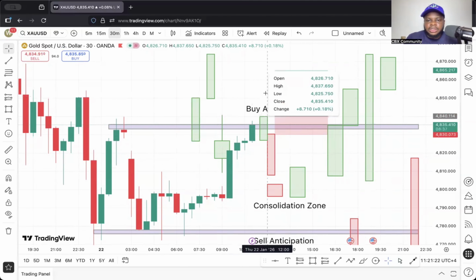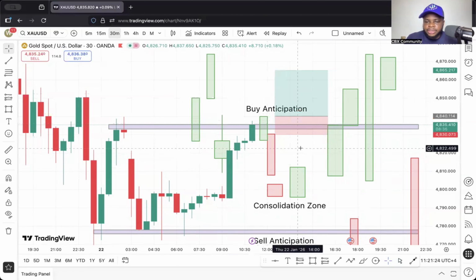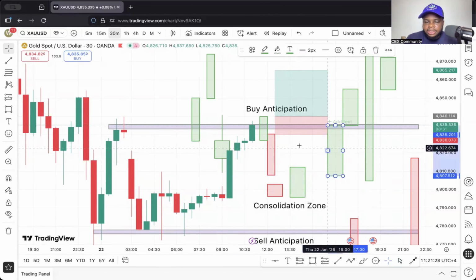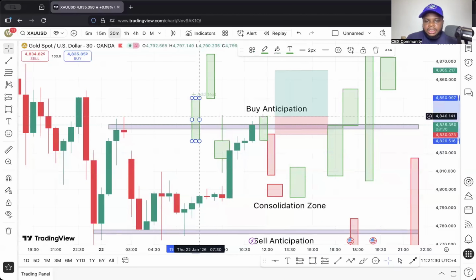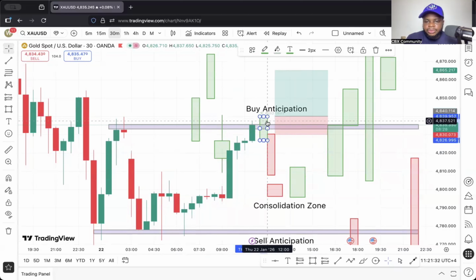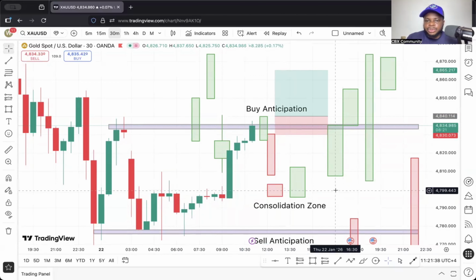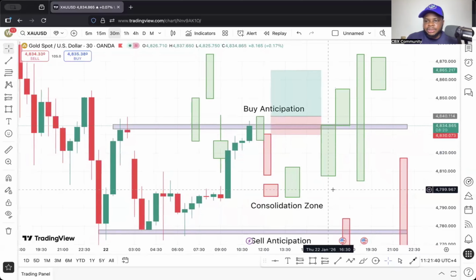So for just a normal day, you will see bullish candles like this, and then bearish candles like this. So it's always good for you to know what you're expecting the market to give to you.